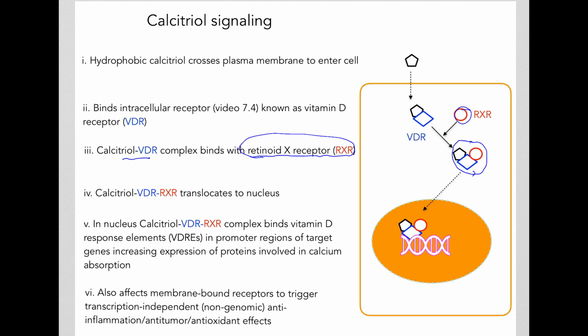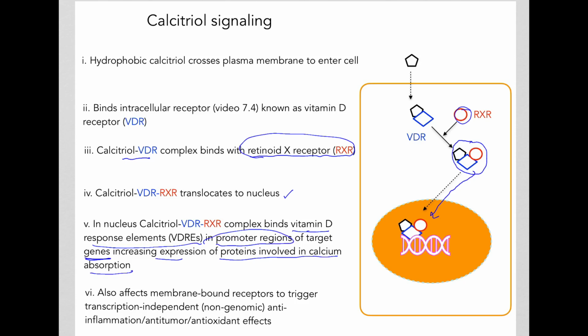This complex then travels to the nucleus, and in the nucleus it binds vitamin D response elements, or VDREs, present in the promoter regions of target genes. And these are the genes that increase the expression of proteins that are involved in calcium absorption.